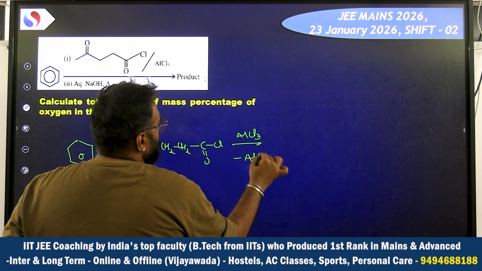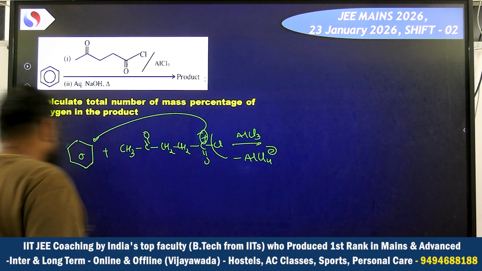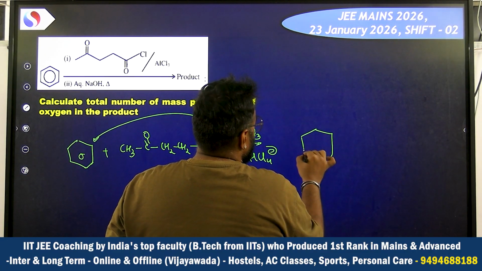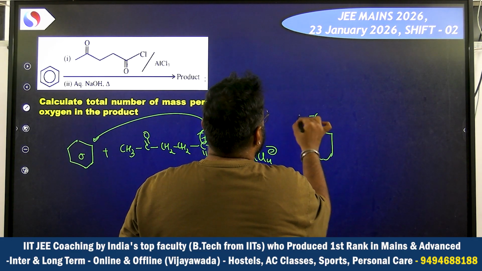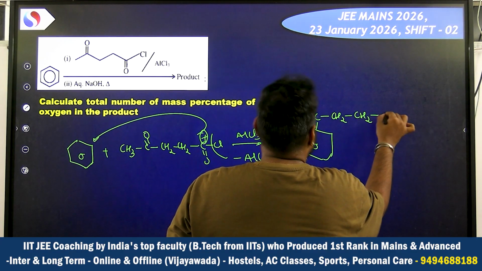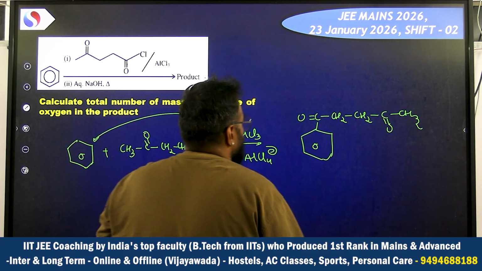So AlCl4 minus is obtained. This plus will attack on benzene, making the compound as C double bond O, CH2, CH2, C double bond O, CH3.